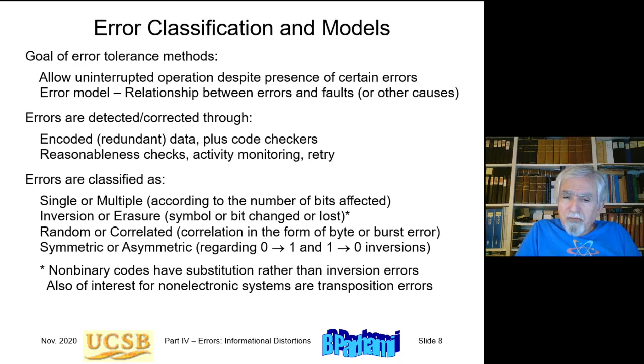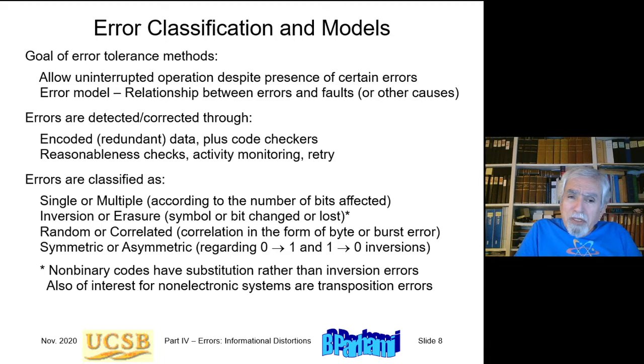So a burst of length 5 bits, for example, in a 32-bit word means that that burst can affect 5 consecutive bits. And these are common, for example, when you do bit serial transmission, when you're sending bits of your data one at a time. And if something goes wrong with the communication channel, and that thing lasts for the duration of 5-bit transmissions, then it can cause a 5-bit burst error.